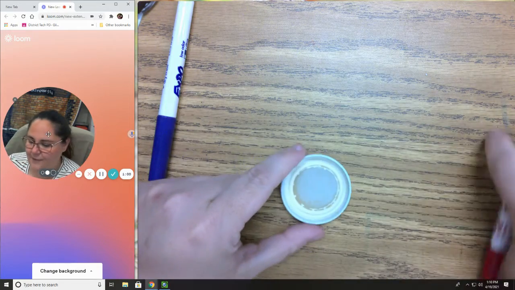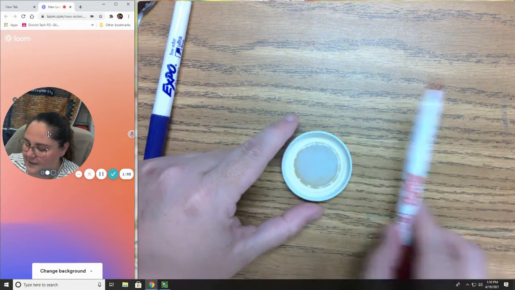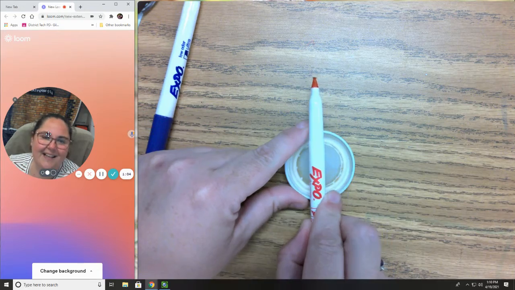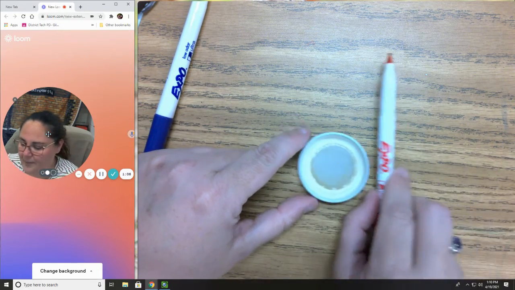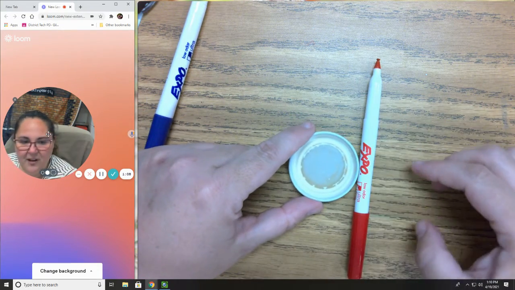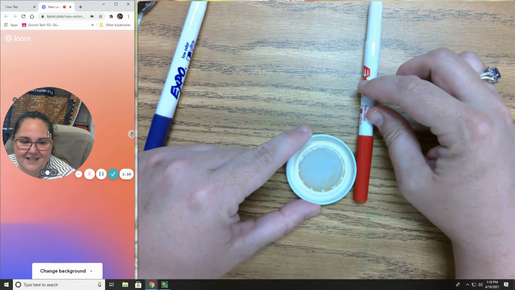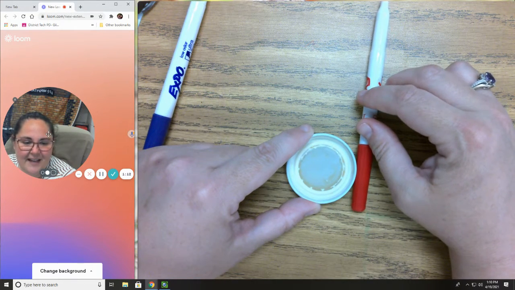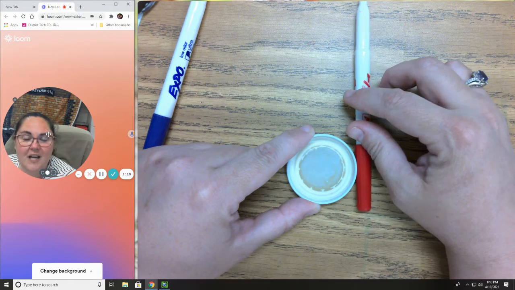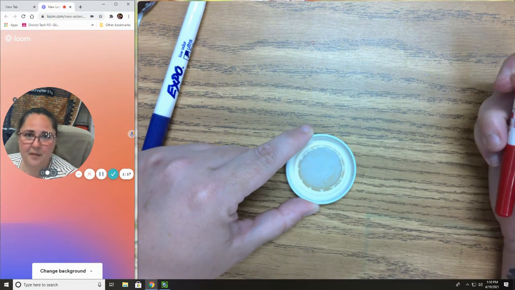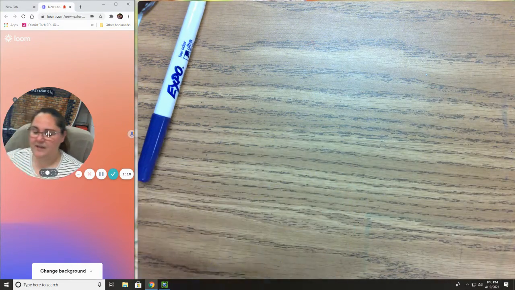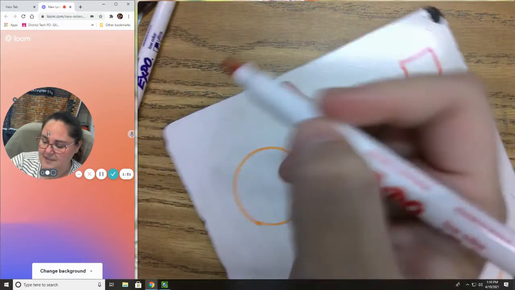Is it easy to put a ruler on here and get the exact height? No. It would be hard to say how tall it is, because is it lined up exactly with the bottom? Is it lined up exactly with the top? It'd be hard, right? So what we do is we use a different kind of measurement.